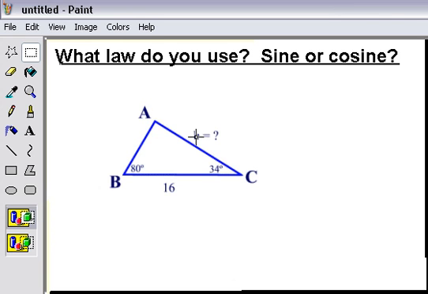But the problem is that we need the two sides. Okay, so we need this side over here in order to use the cosine law. This is really a sine law question because the angle here is the one that we need to use to make the second side angle pair.